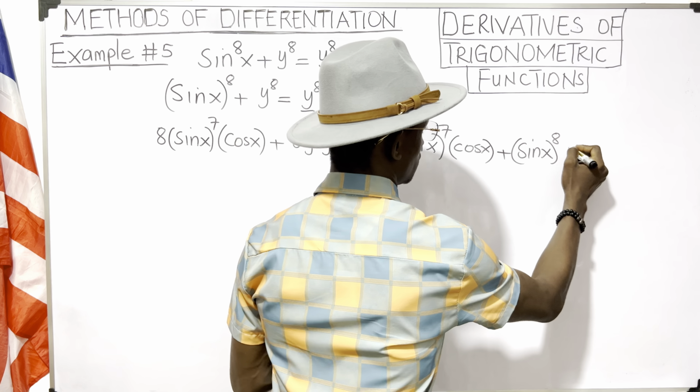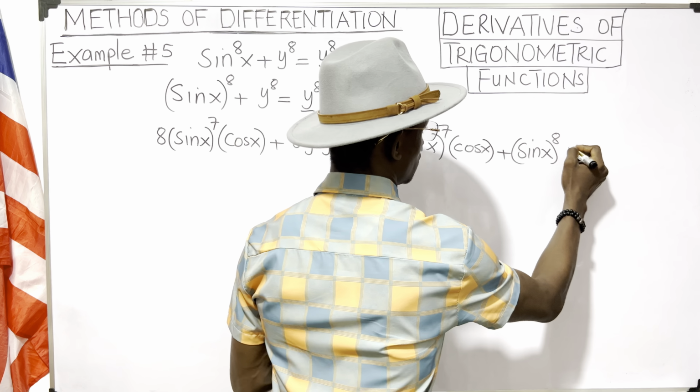So it will just cancel all over. So now we have y to the 7th power y prime minus, that term comes across, it becomes minus, so that is y to the 7th sine of x raised to the 8th power times y prime, all equals.